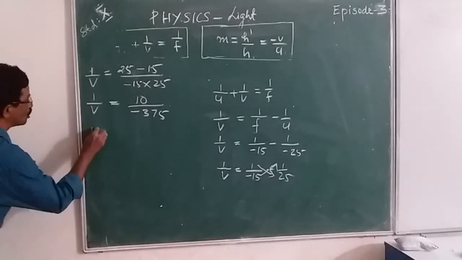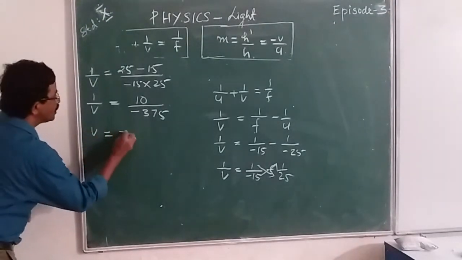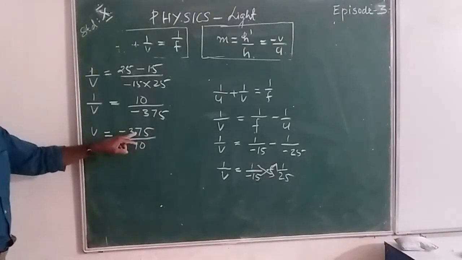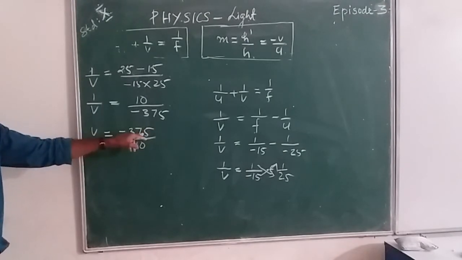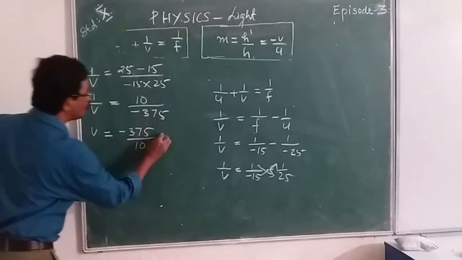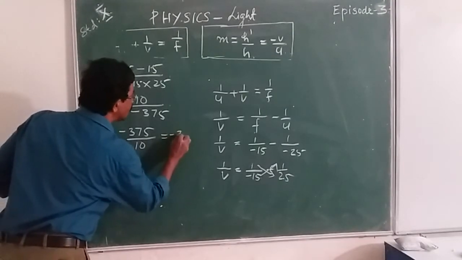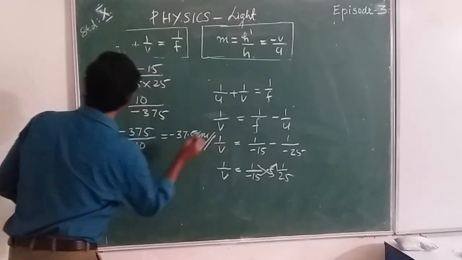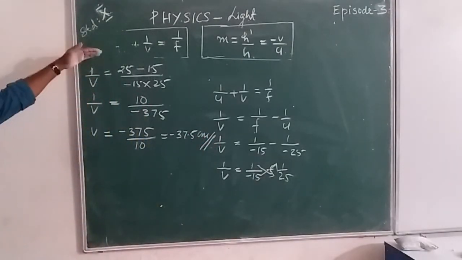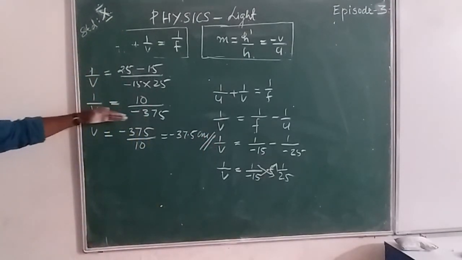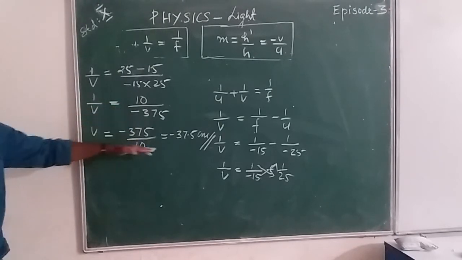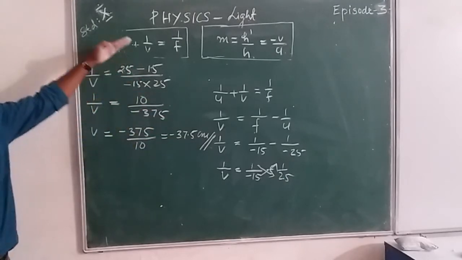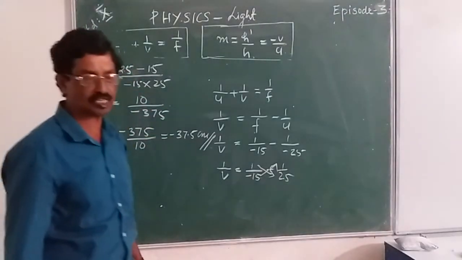When we take the reciprocal, v is equal to minus 375 divided by 10. To divide by 10, move the decimal one place from right to left. That is equal to minus 37.5 centimeter. This is the image distance. Now we got the distance at which the image is formed.